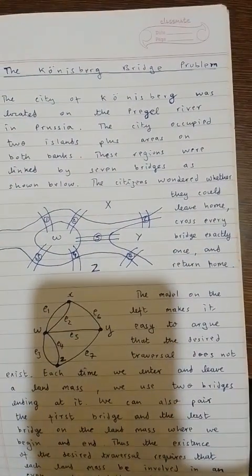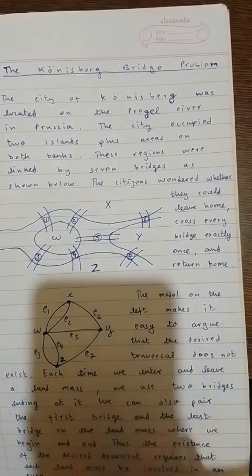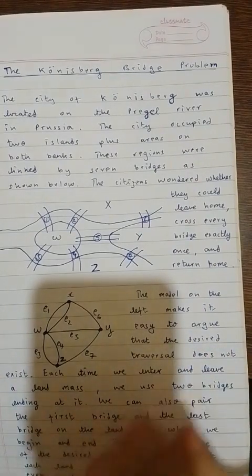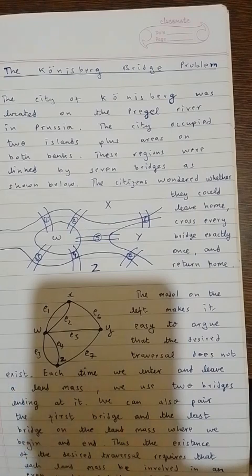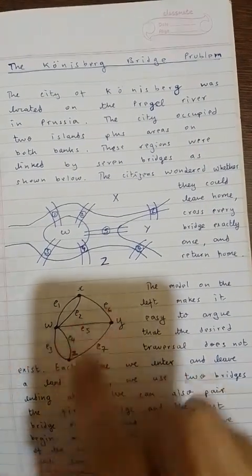This can be modeled as a graph theory problem. A graph is just a set of edges and vertices.